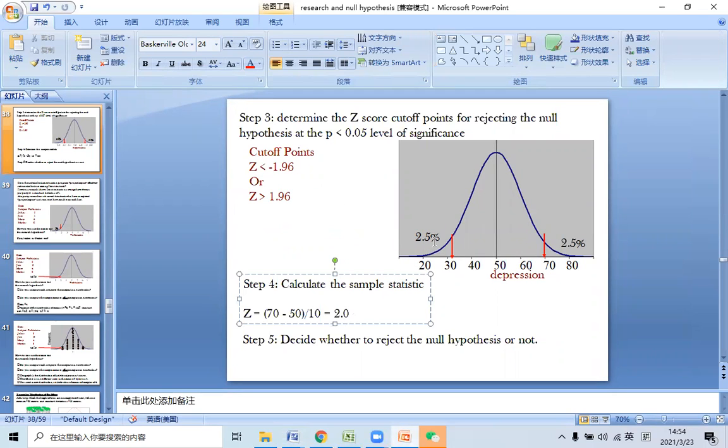The procedure of hypothesis testing is basically testing how strong your evidence is against the null hypothesis. Do I have enough evidence to reject the null hypothesis? You look at the p-value, the probability.